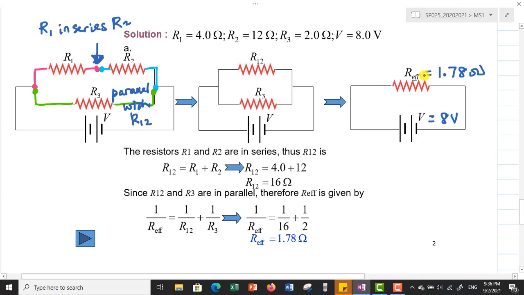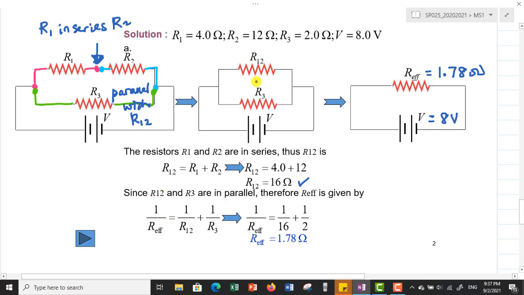Finally, I have simplified it into one effective resistance. Now I can start to calculate the total, or effective, resistance. Since R1 and R2 are in series, I apply the series concept, so R12 will be 4 plus 12, which is 16 ohm.